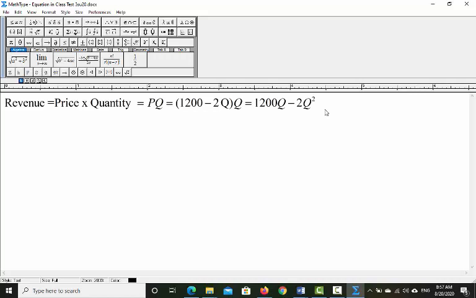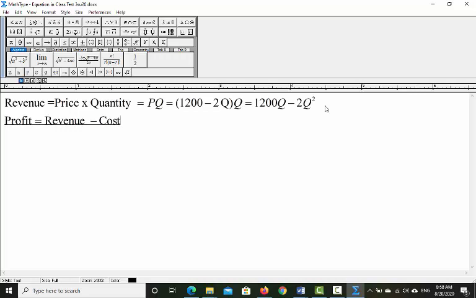So this is the revenue function, and now the profit function. We know that profit means revenue minus cost.